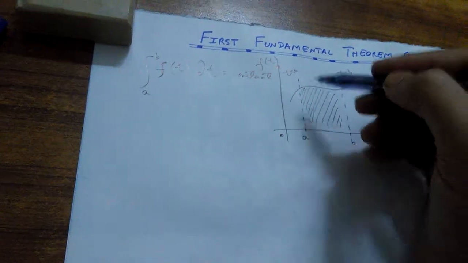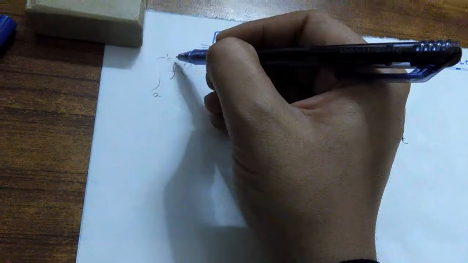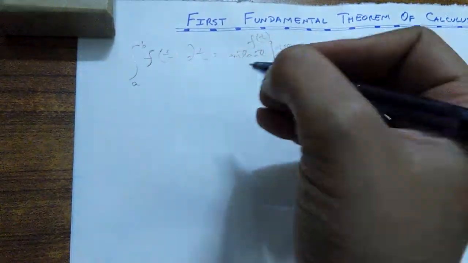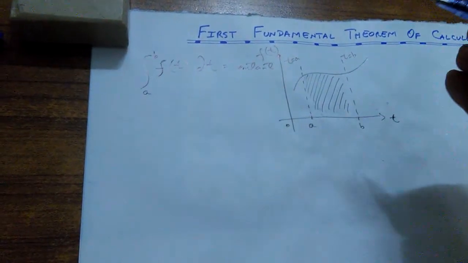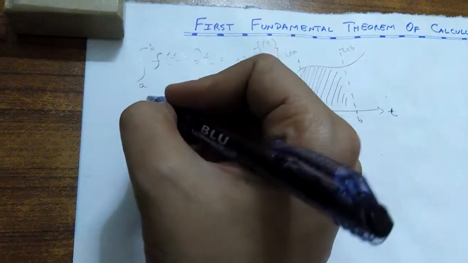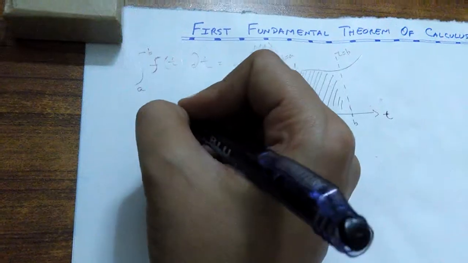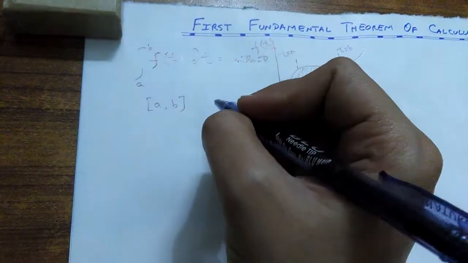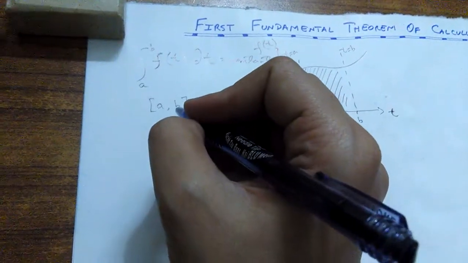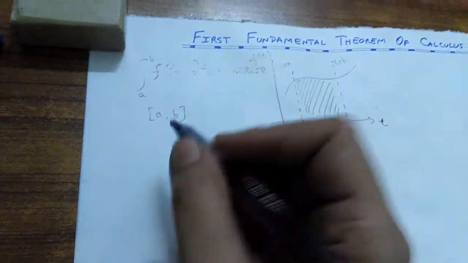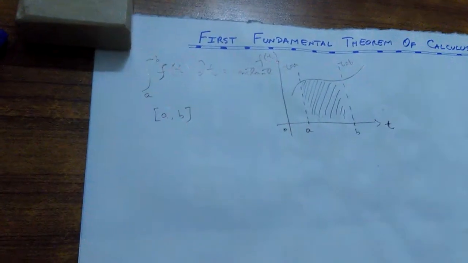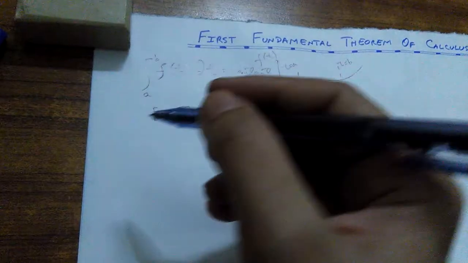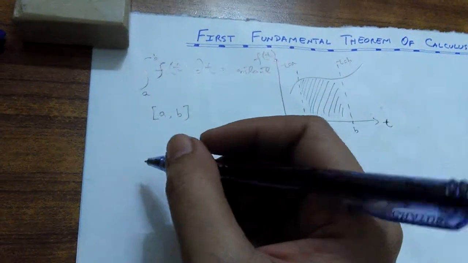Now, instead of taking a number value b here, if a function is continuous in a closed interval [a, b], then definitely it is going to be integrable on the same closed interval [a, b]. That's what we discussed in the previous video, the geometrical interpretation of univariate functions.